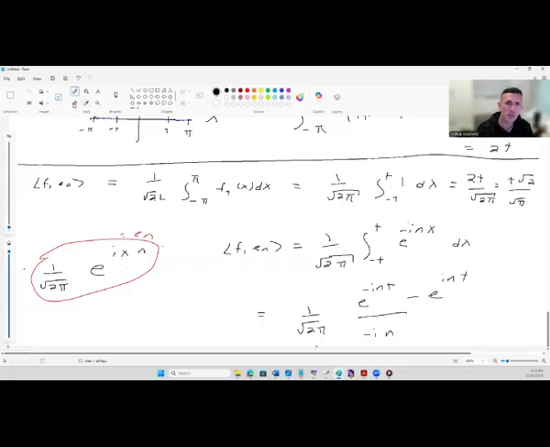Well, much easier if we multiply top and bottom by minus 1, so get rid of this minus. And then that minus will stay, but this will become a minus, and this will become a plus.